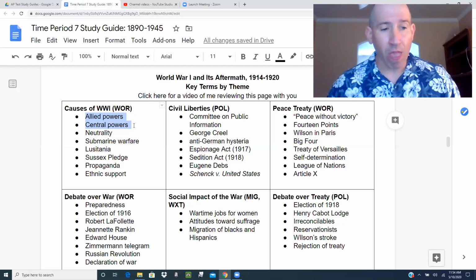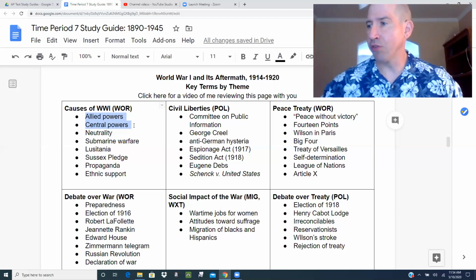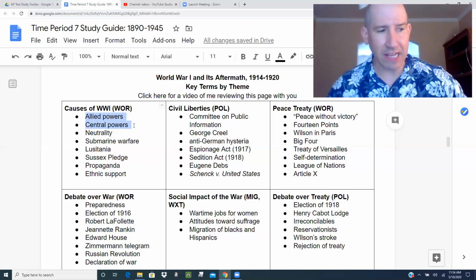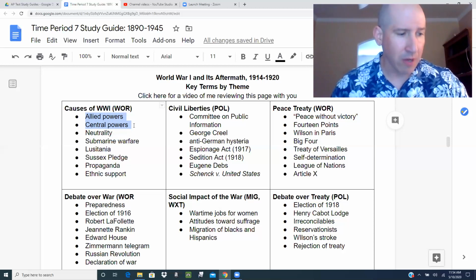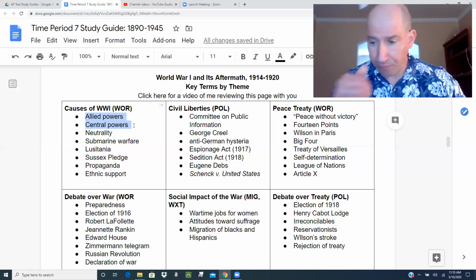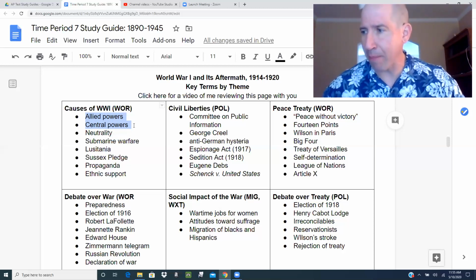And of course, during this time, you also saw the Balkanization, where you saw the Austro-Hungarian Empire desperately trying to hang on to, under an authoritative regime, a multi-ethnic empire.